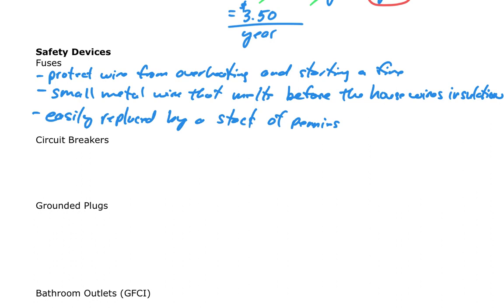The problem is what happens if you forget to then replace the fuse and you leave the pennies in there. Now you've just very easily taken out the best protection you have against an electrical fire in your house. So these aren't used very often anymore, especially in locations where they're easily replaced by people who don't mean to take out the safety device, but just things happen, okay?